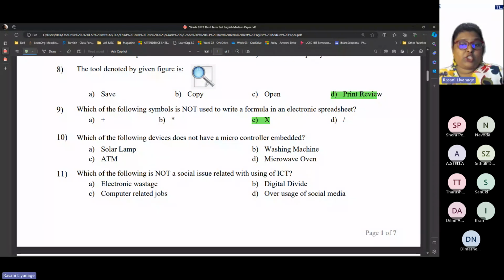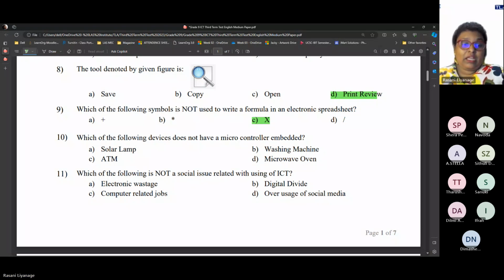Next, which of the devices does not have a microcontroller embedded? Of course, solar lamp is having microcontrollers. That's the reason why it is taking sensors, giving outputs, doing storage, all that.